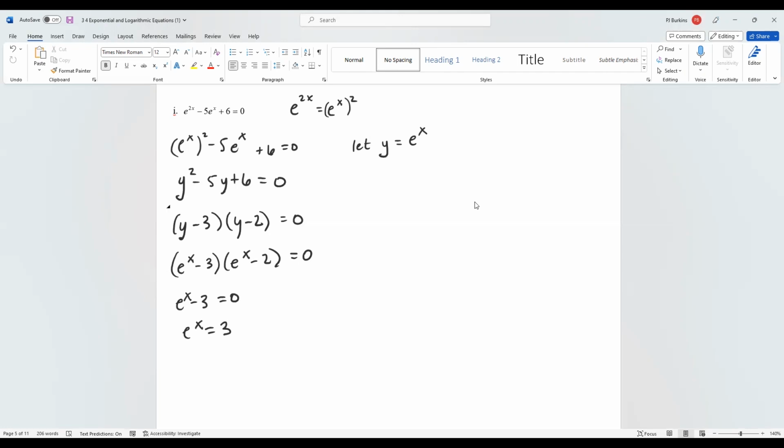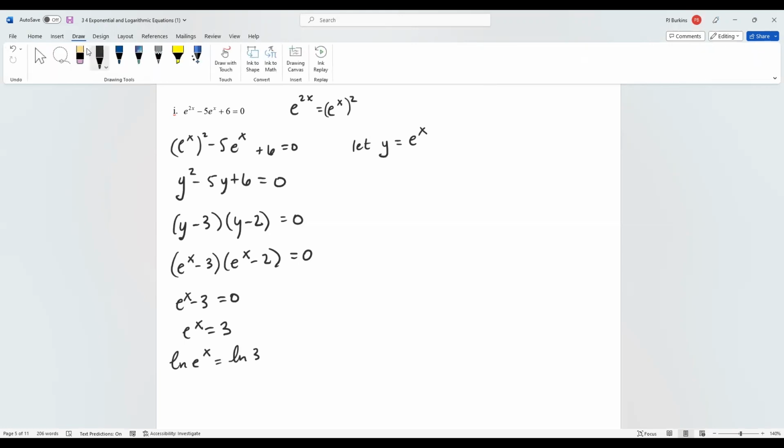And to get rid of the e, I need to take natural log of both sides. And when I do that, these cancel. And on the left-hand side, I just get x. So I get x is natural log 3.